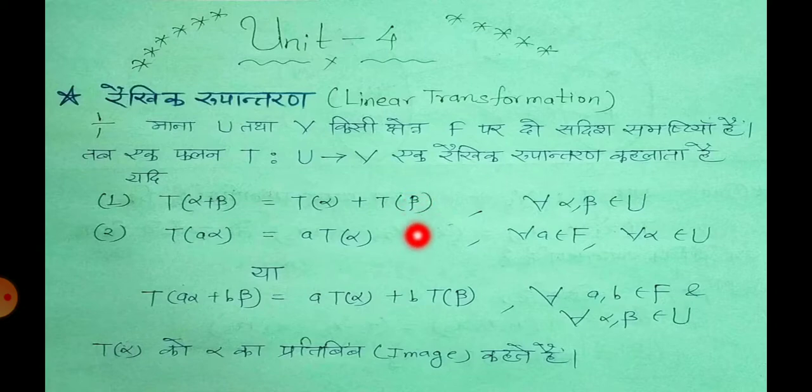If these two properties are satisfied by capital T, then T is called a linear transformation, and we can write these two properties in a single statement as T of a alpha plus b beta equals a T of alpha plus b T of beta, for all a, b belonging to the field capital F and for all alpha, beta belonging to capital U. T of alpha is called the image of alpha.